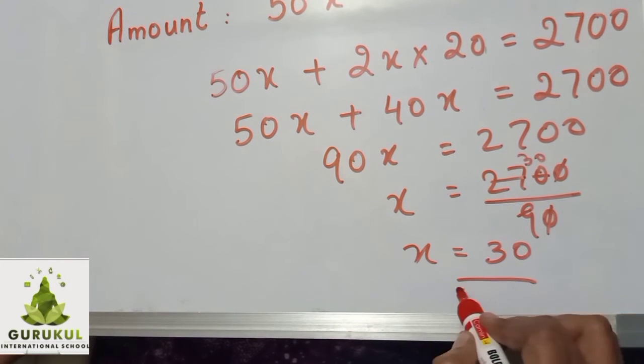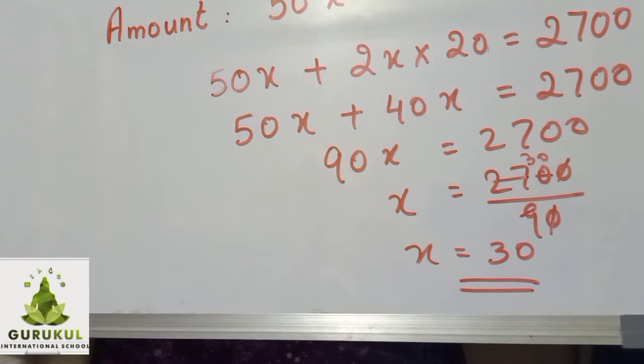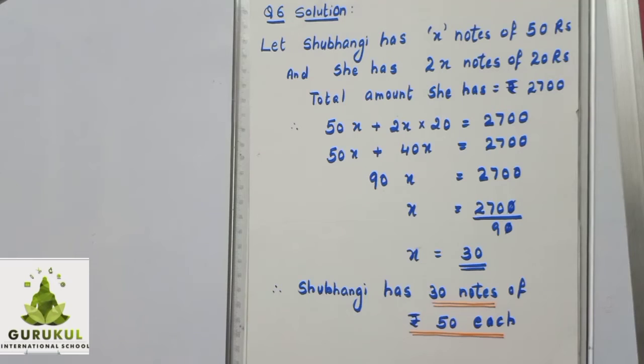Is this clear? Now we will see how to write the steps. That I will show you on one piece of paper. You can copy down the steps in your notebook. First step, let Shubhangi have X notes of 50 rupees. Is that clear to you? So how many notes of 20 rupees she is having? 2X notes of 20 rupees.